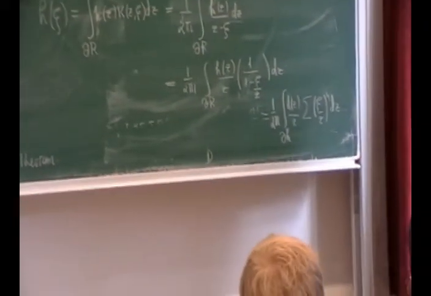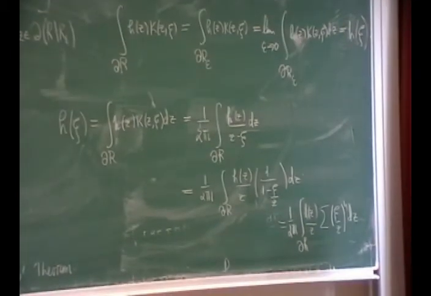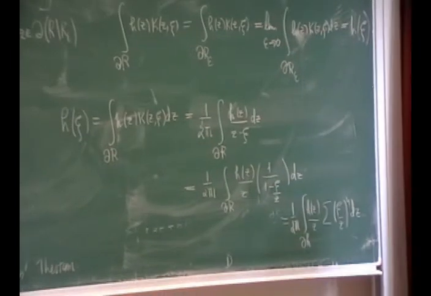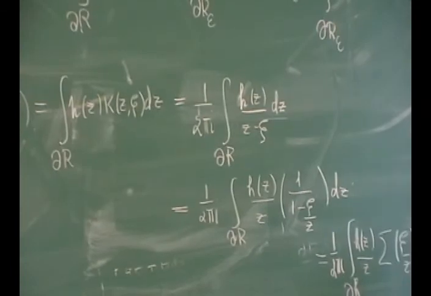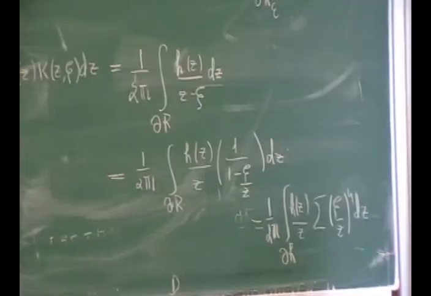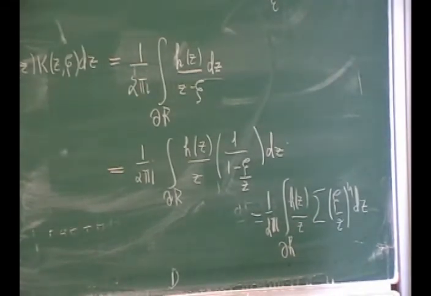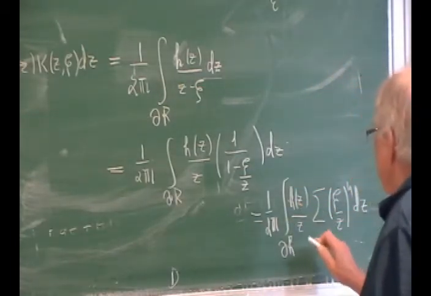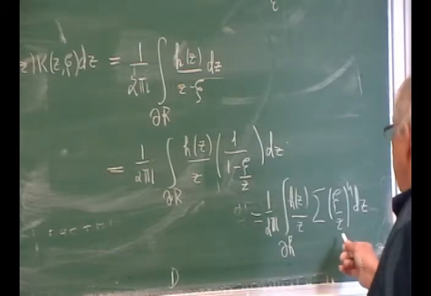Okay. I can see that I made also a technical mistake here, maybe. Let me think. I want a power series in zeta, this is equal to h of zeta.